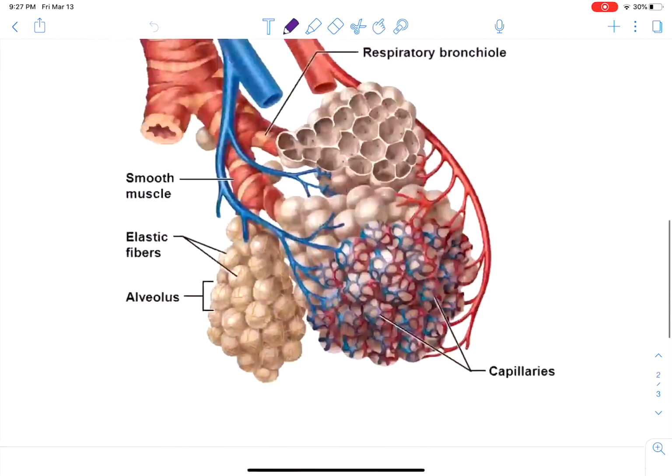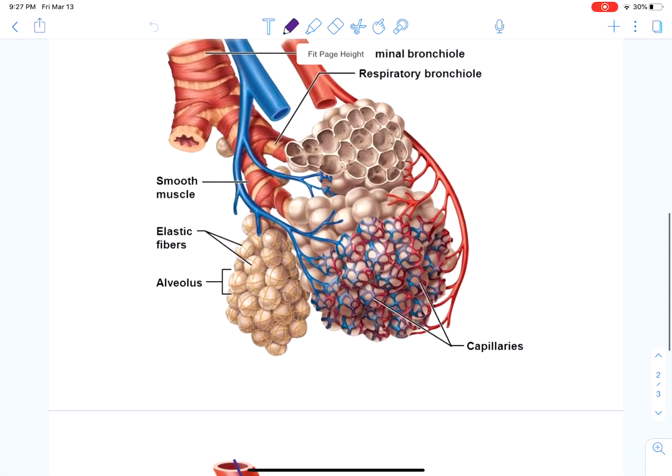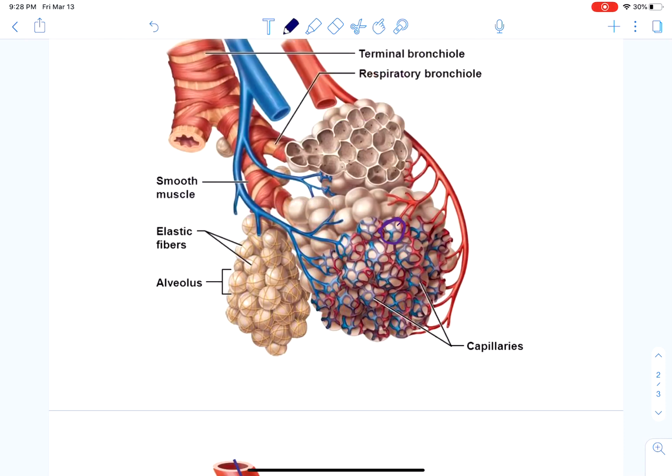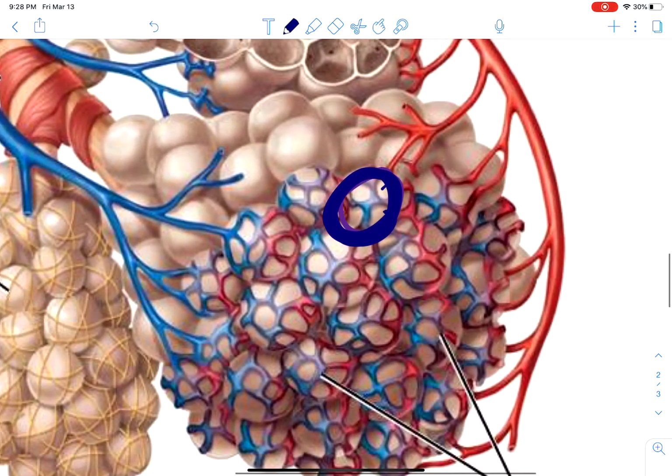Let's see here. So this is the respiratory membrane here, and capillary filtration is referring to the movement of materials from the capillaries into the alveoli.